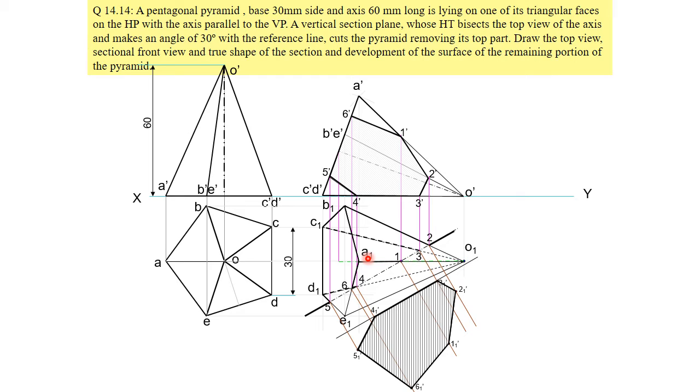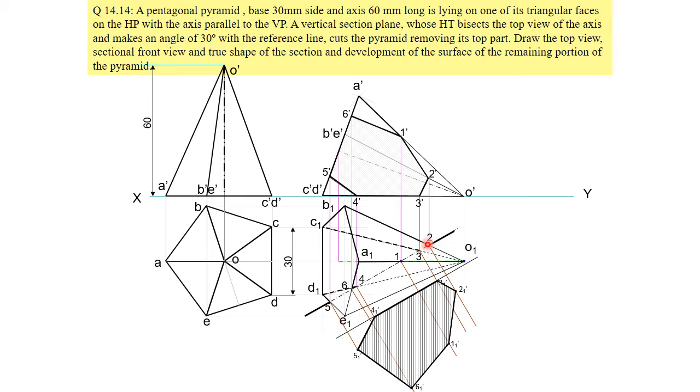The axis length is 60 mm, so from the top it is 60 by 2. It will come over here, that is 60 by 2, so O1 to this point is 60 by 2, that is 30.